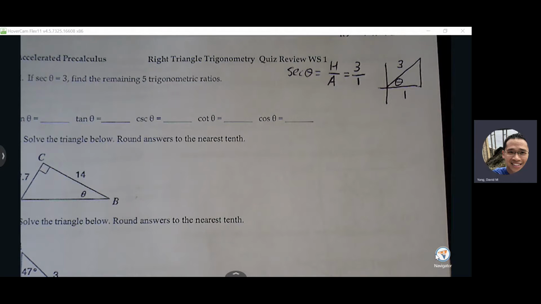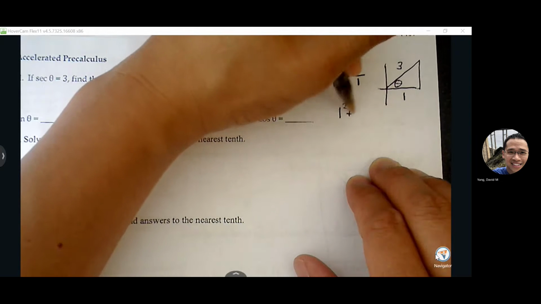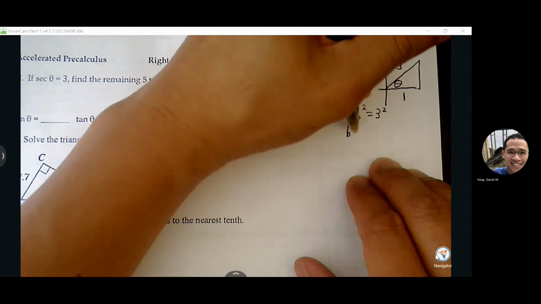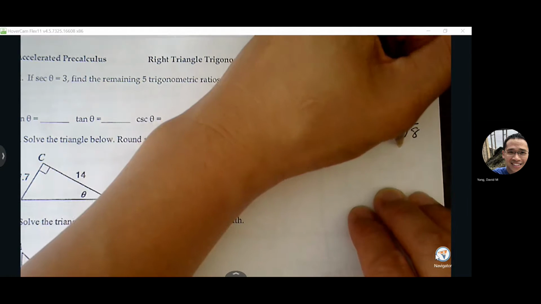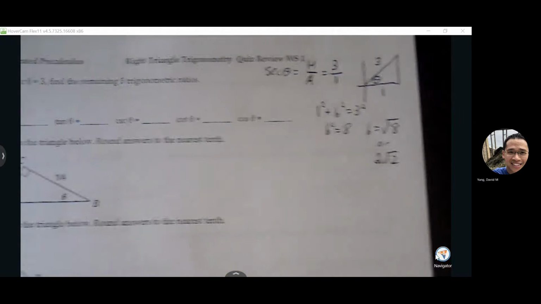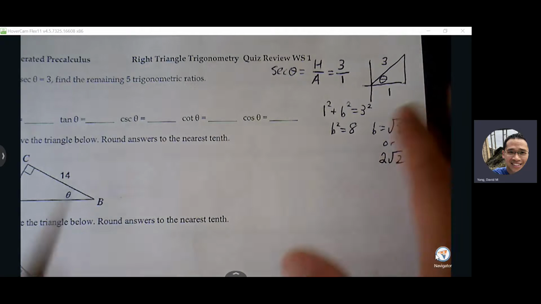Okay, Pythagorean theorem. Find that third missing side, and then we can fill in all the trig ratios for all the trig functions. So you can either say root 8 or 2 root 2.